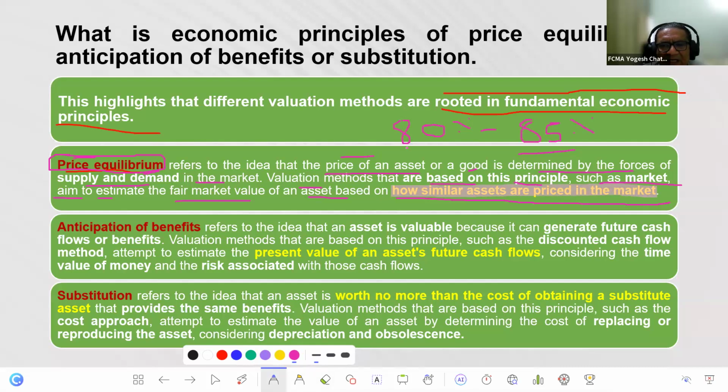So the use of the market approach is widespread in the field of valuation, because ultimately the price prevailing in the market for a similar asset will actually determine the value of the target asset.